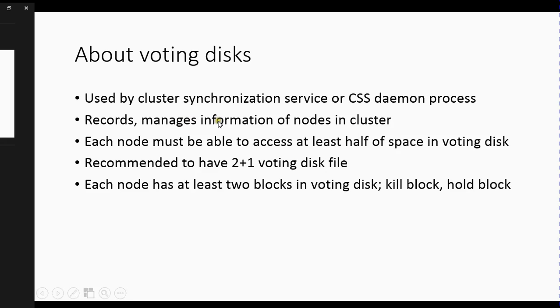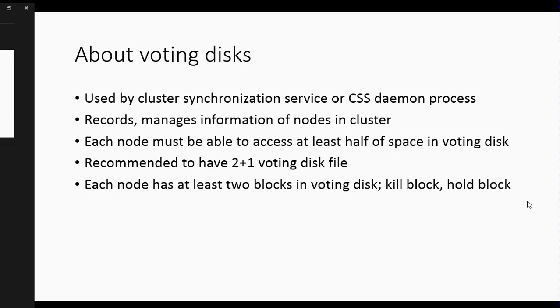The voting disk has information on the nodes and their availability, and each node must be able to access at least half the space in the voting disk, as I mentioned already. The node goes into the voting disk and leaves some traces, so the voting disk knows that this node is still available.